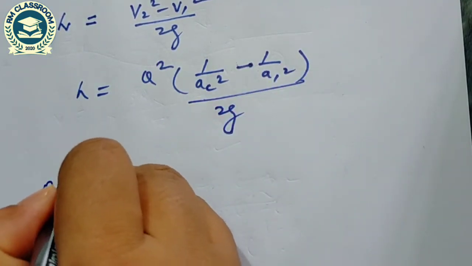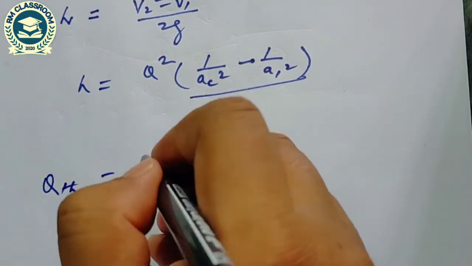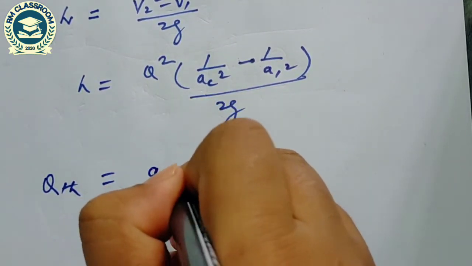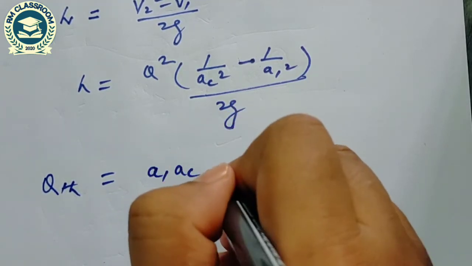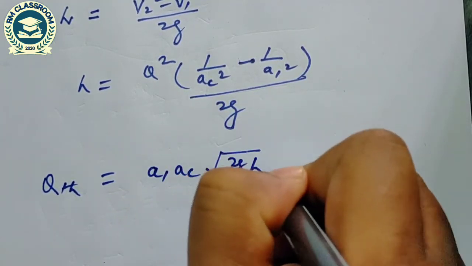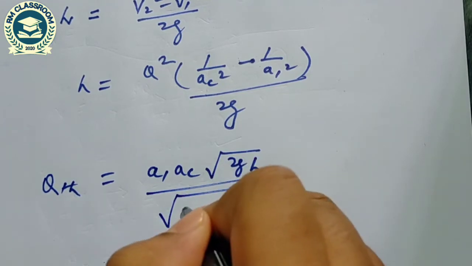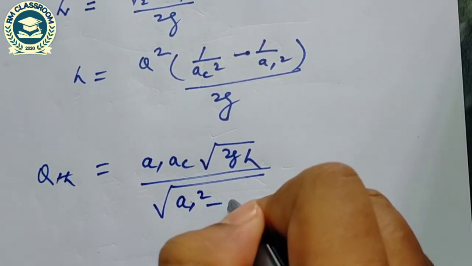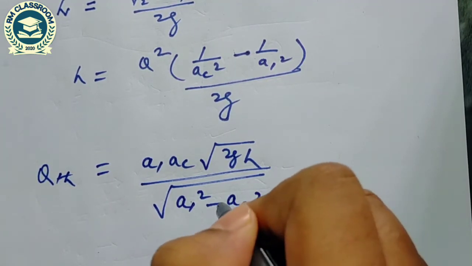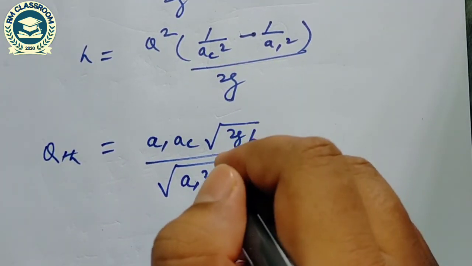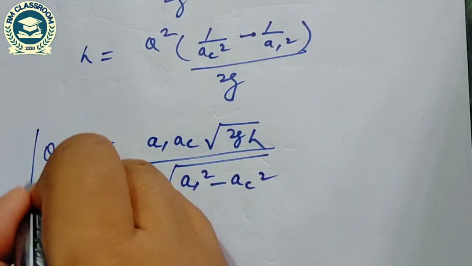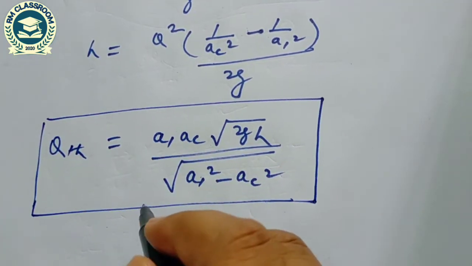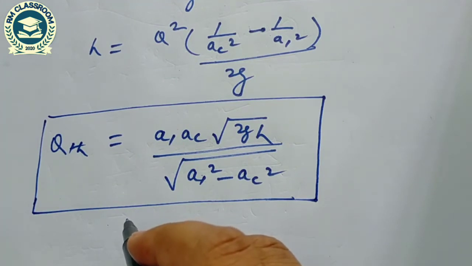So Q theoretical is equal to A1 into AC root under 2GH divided by square root of A1 square minus AC square. So this is the expression of theoretical discharge in orifice meter.